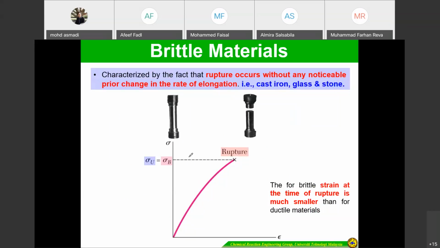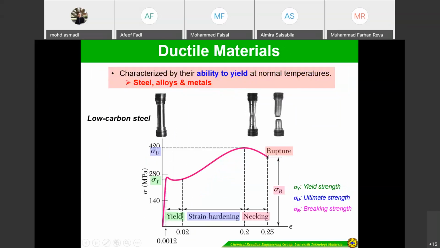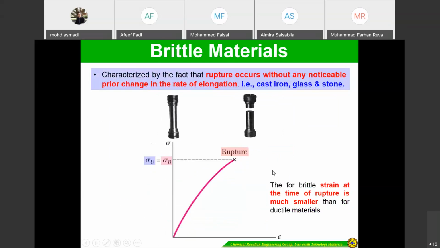They have no yield or strain hardening in the graph; they just rupture. For brittle materials, the strain at the time of rupture is much smaller than for ductile materials.